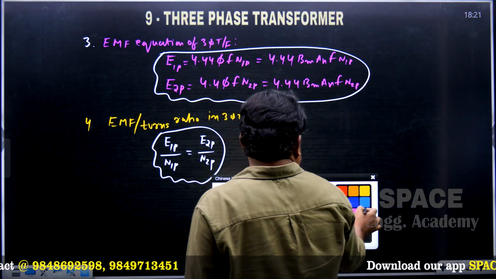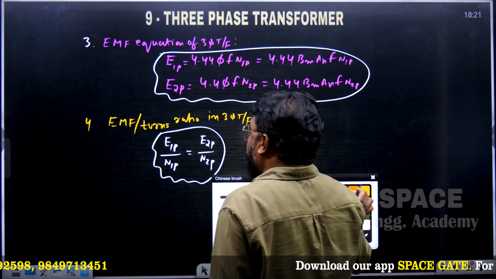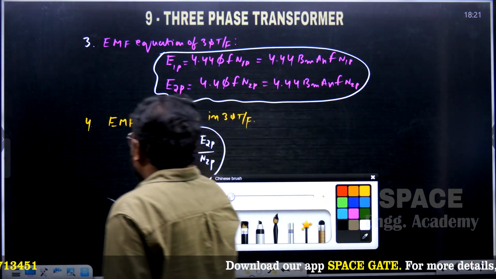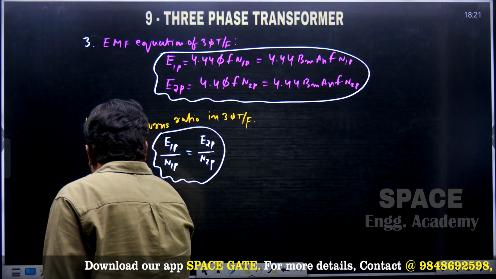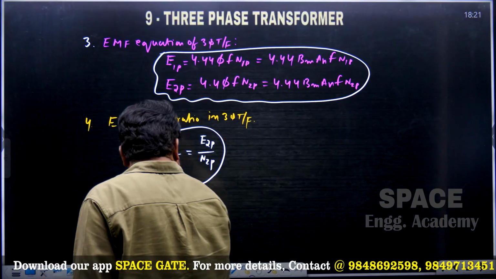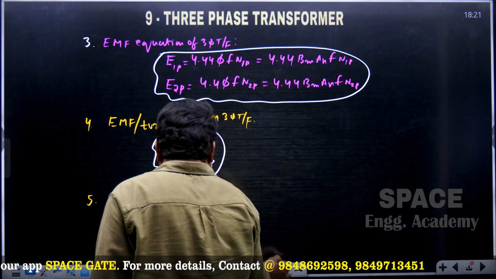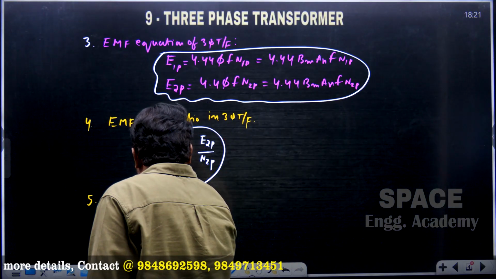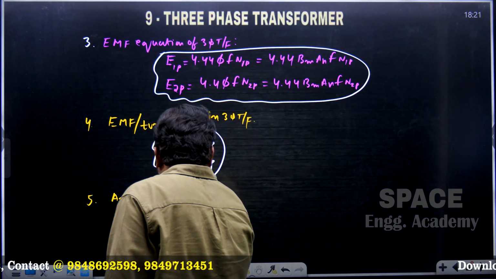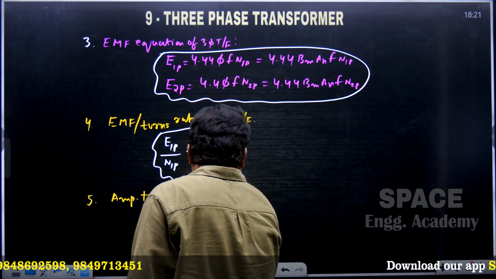Next, one more possibility of the question from this concept, the fifth one: ampere turns per phase in a three-phase transformer.